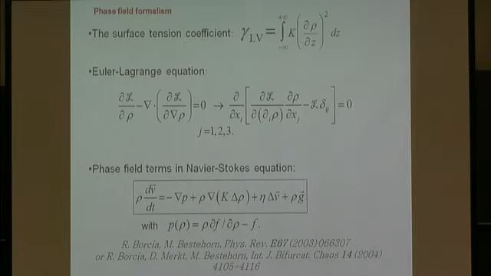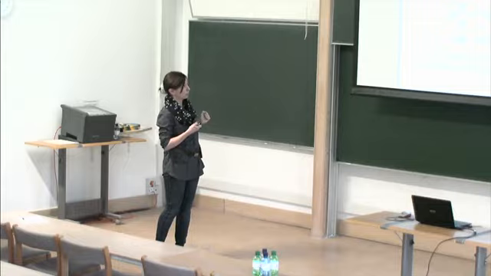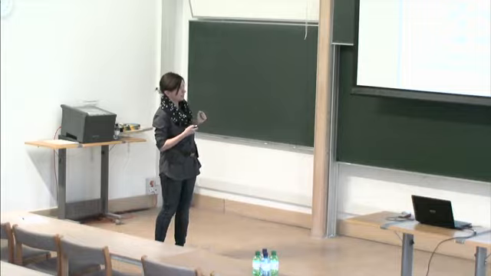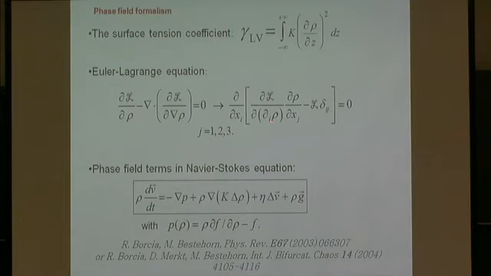So we minimize the free energy density for the equilibrium state using the Lagrangian formalism, and we obtain a stress tensor which also includes the contribution of the interface, the capillary forces. So we have in the Navier-Stokes equation a supplementary term.